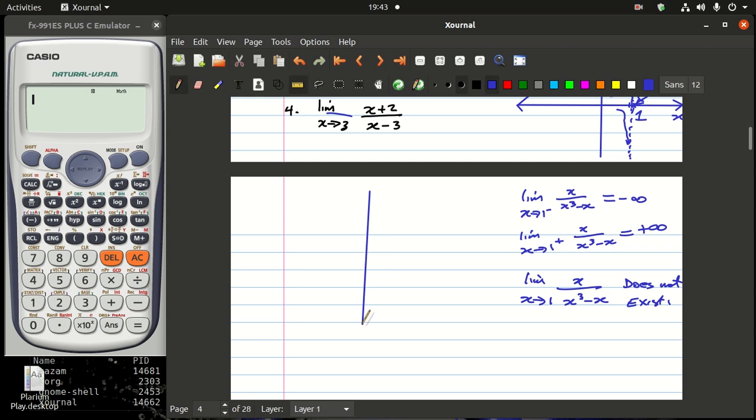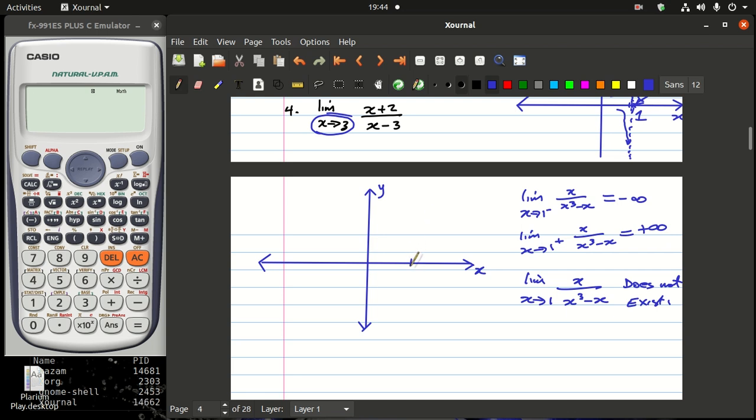Plot the Cartesian plane. When you're plotting a Cartesian plane, make sure that you have the y-axis and the x-axis. After that, you go to this value here, x is equal to 3.